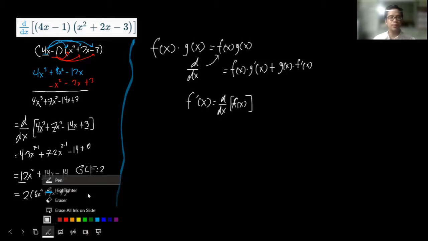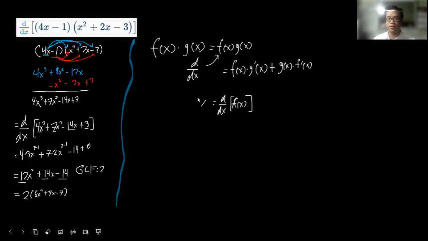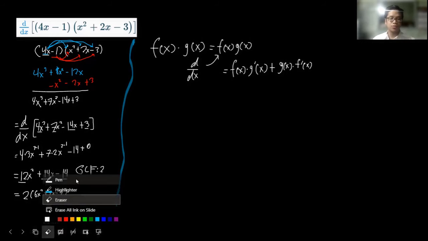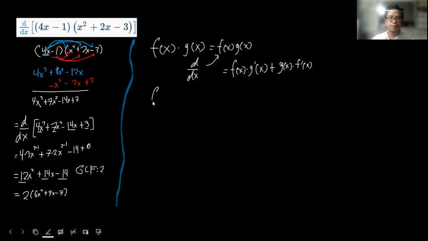I think it would be better if we use letters instead of function notations. So f of x and g of x, I can label f of x as u and g of x as v. So this is just the same as u times the derivative of g, or g prime of x.